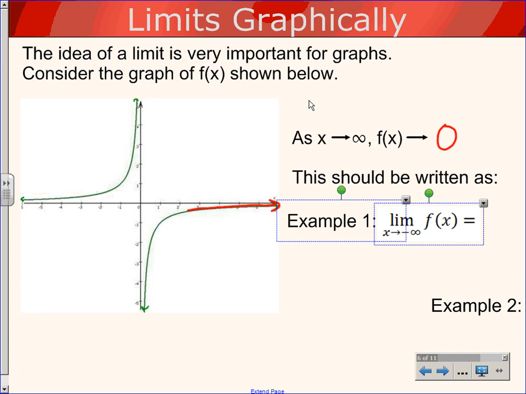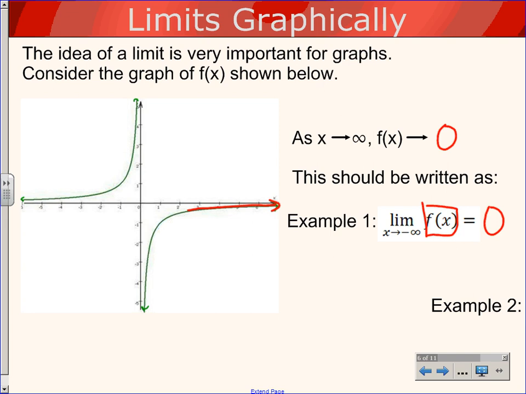The way we actually write that, here's our notation. We're using just LIM for limit. And underneath that, we say x approaches, that little arrow there is for the approaches, negative infinity. And we're doing that limit for the function f of x, and the answer that we get is 0.